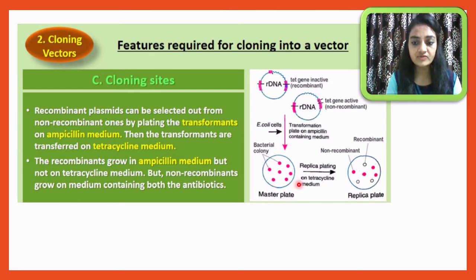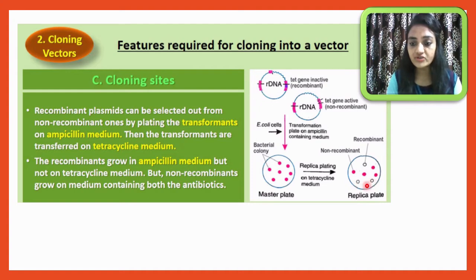Okay, so here you can see this is the master plate. Both types of colonies are there, but if you replicate them on a tetracycline medium, if recombination occurs, then on the other plate with tetracycline medium, the tetracycline resistant type of bacteria will not grow.